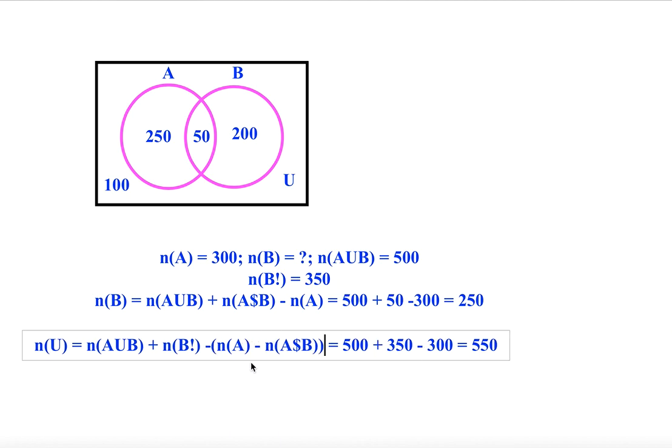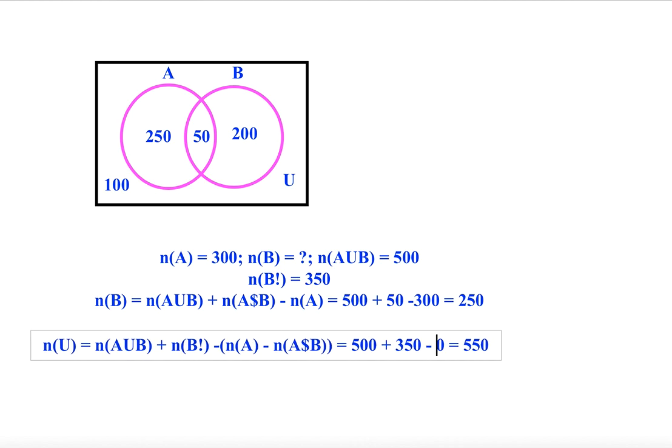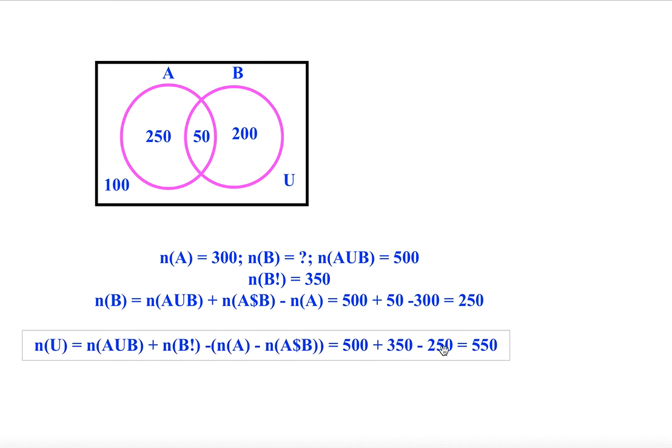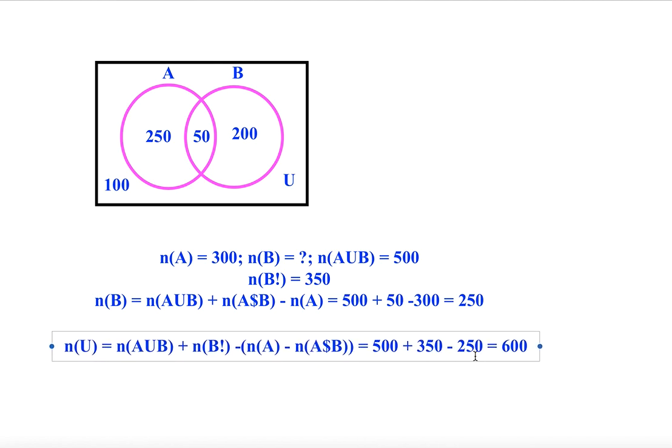So N of A minus N of A intersection B, 300 minus 50, how much? 250. So this comes out to be 650. Okay, sorry, this is a calculation mistake. 350 minus 250 is 100. 500 plus 100, 600. So this is the answer.